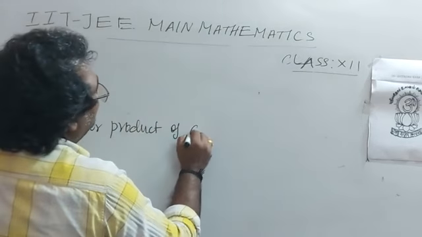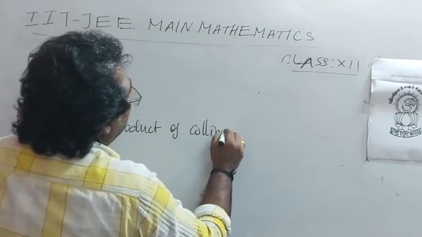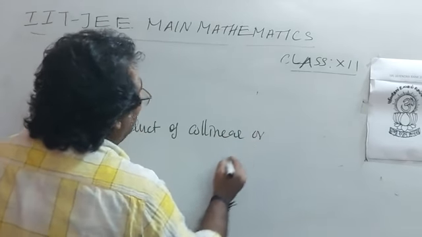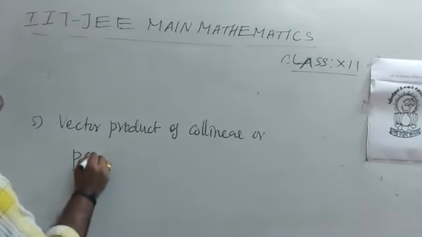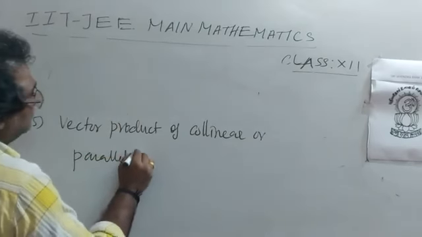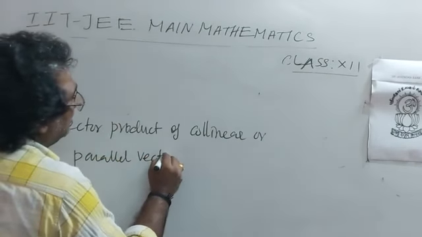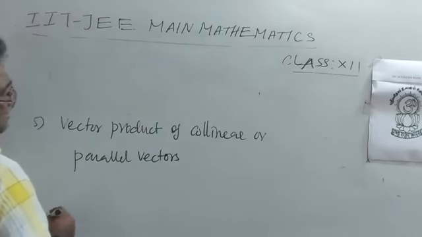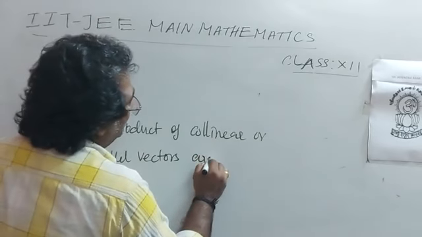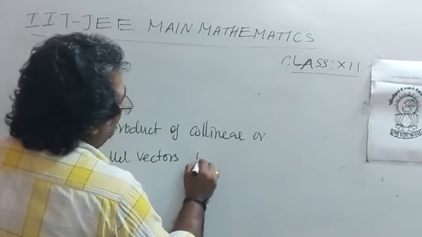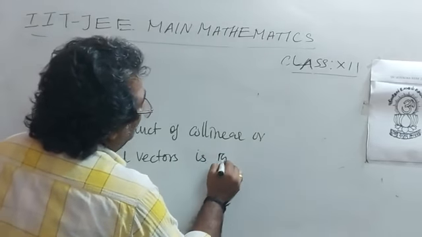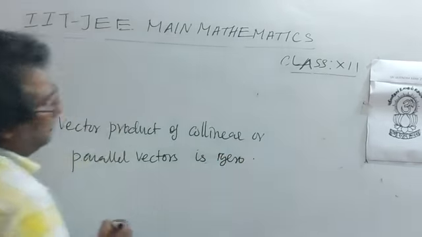Vector product of collinear or parallel vectors is 0.